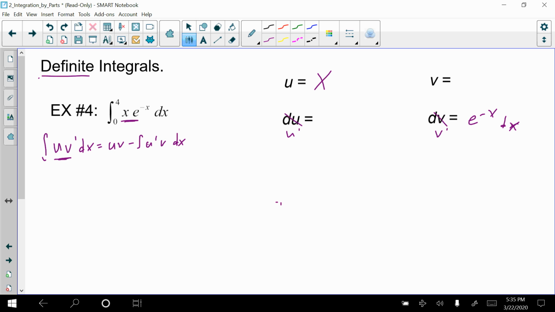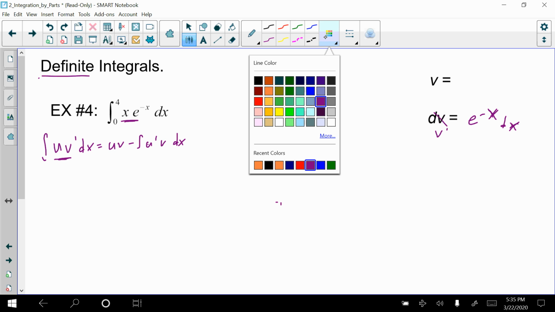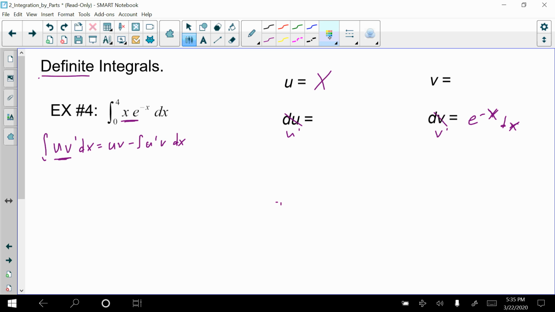All my x's seem to want to look like v's. So to finish filling in the rest of this, we'll take the derivative of x, which would just be 1 dx, to get u prime. And then I'm going to take the antiderivative of e to the negative x to get v. So it'll be negative e to the negative x.